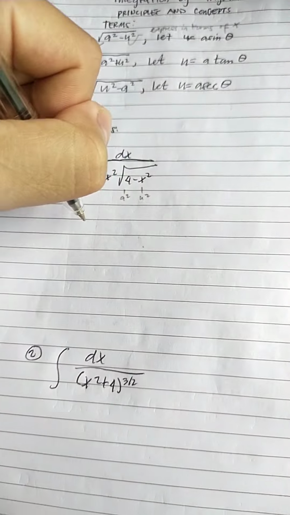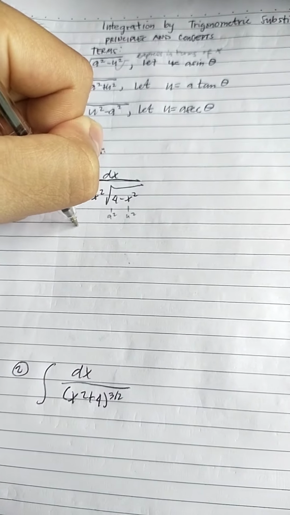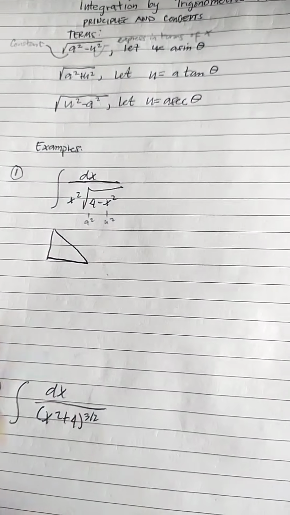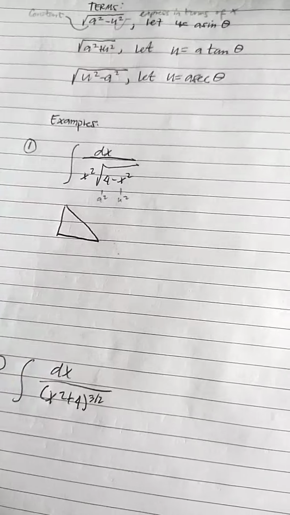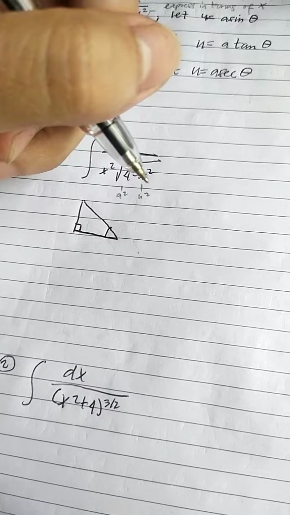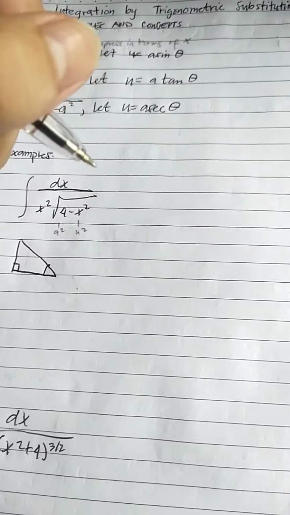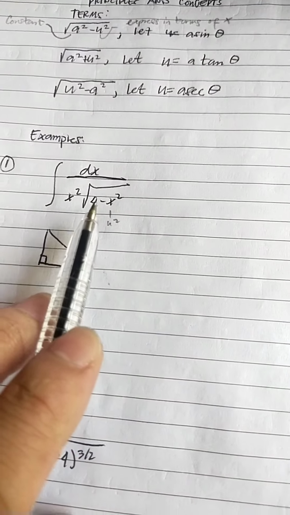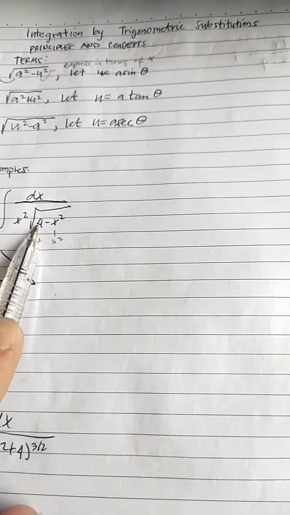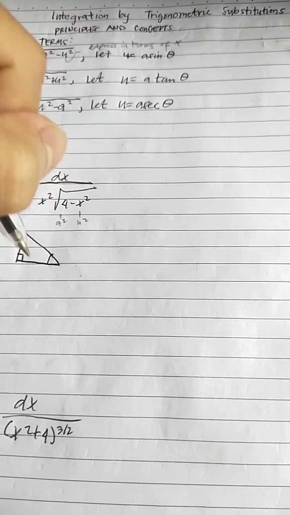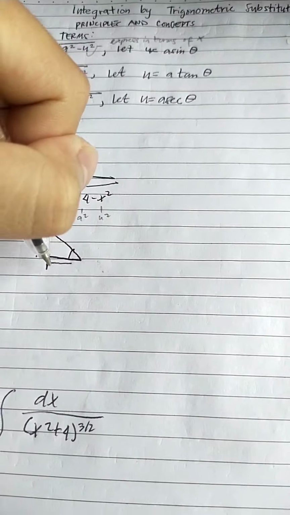So first we will draw our right triangle. Then our square root of 4 minus x squared we will put here.